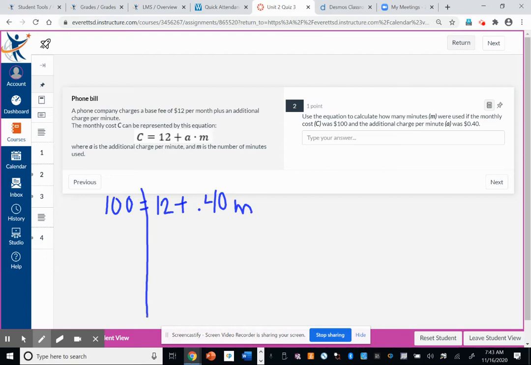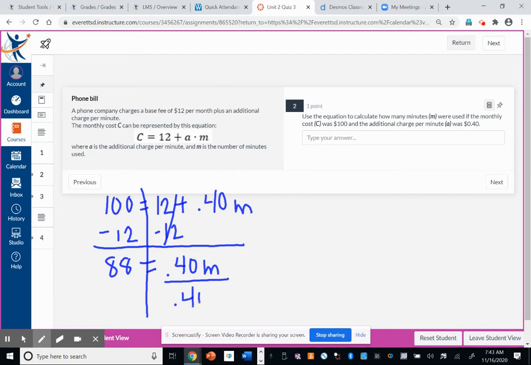Okay, the method to solve is the same. We start by subtracting the 12. 100 minus 12 is 88. This is 0. That's equal to 0.40 M. And then finally divide by the 0.40.